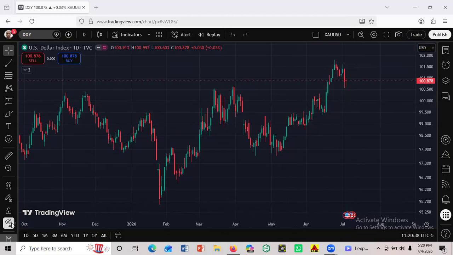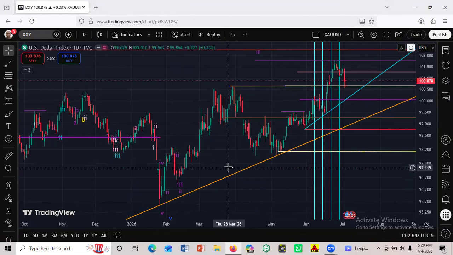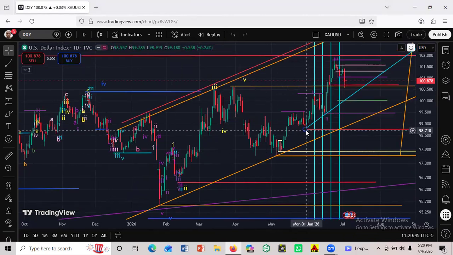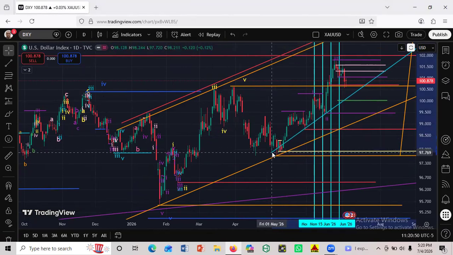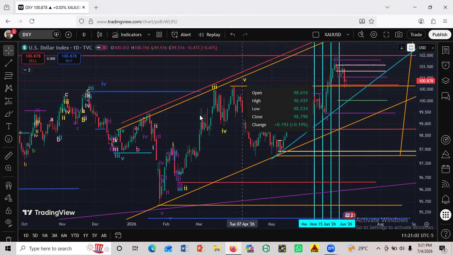Let me see if I can put up my drawing. Now, in this case, because I don't want it to be messed up, this is a trend line, which is in turquoise blue. That trend line in turquoise blue.